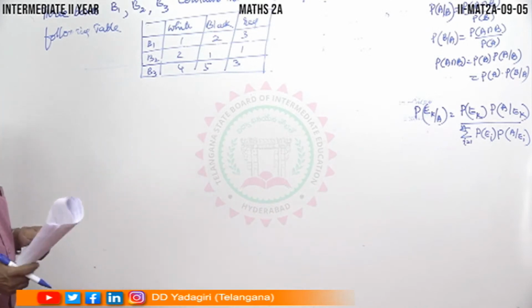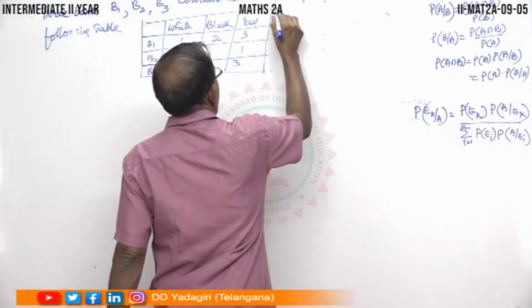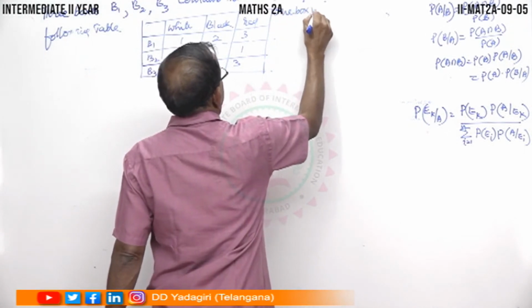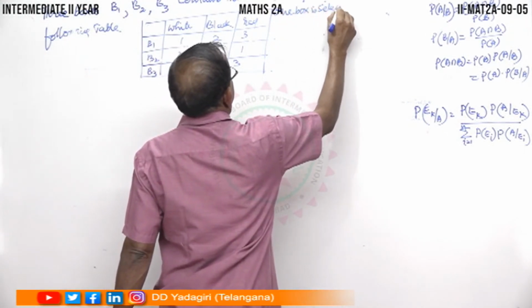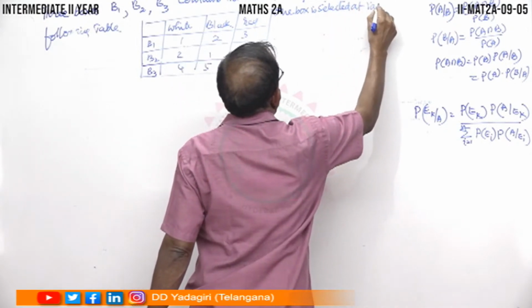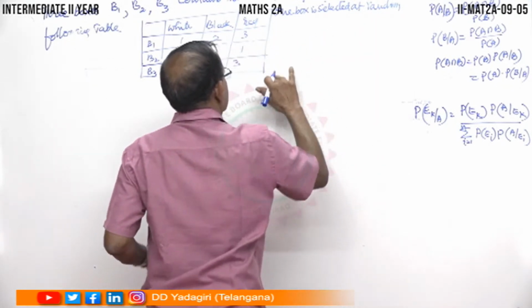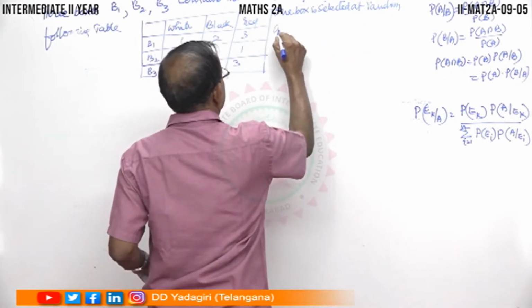One box is selected at random, and a ball is drawn from that.